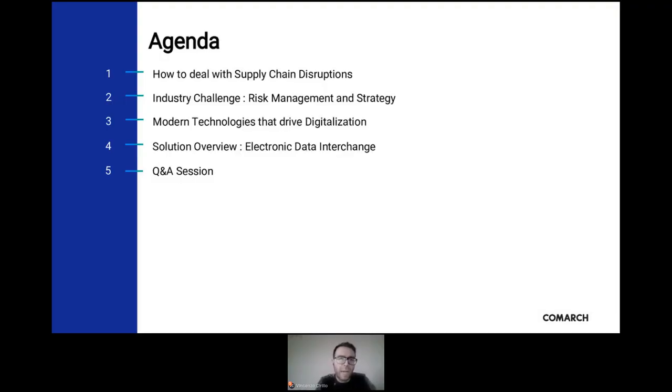Together, we will see how the leaders are responding, what type of strategies they are deciding to approach for their supply chain. We will also look at the modern technologies that are driving digitalization. One of these solutions is cloud computing, which also includes data exchange solutions, and we will check together electronic data interchange solutions. At the end of the webinar, we are also going to have a Q&A session.